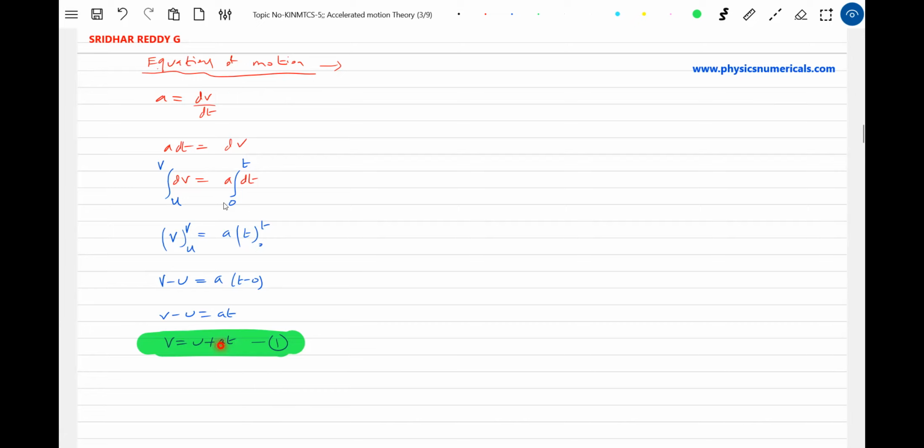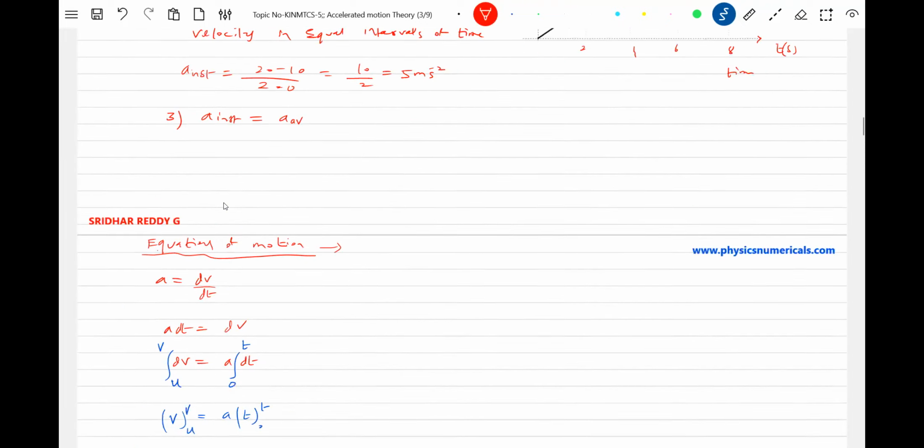What is t? t is the time at which the velocity of the particle is v. v is the velocity of the particle at time t. u is the initial velocity. So we define these things.